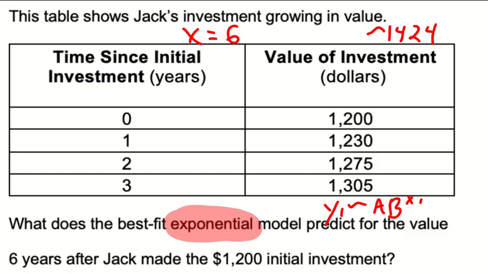A couple of you got the equation, and it depended on how you rounded that. When you did the equation, you had about 1199, and you have about 3%, and if you put it to the 6th power for the 6 years, you got about 1432.